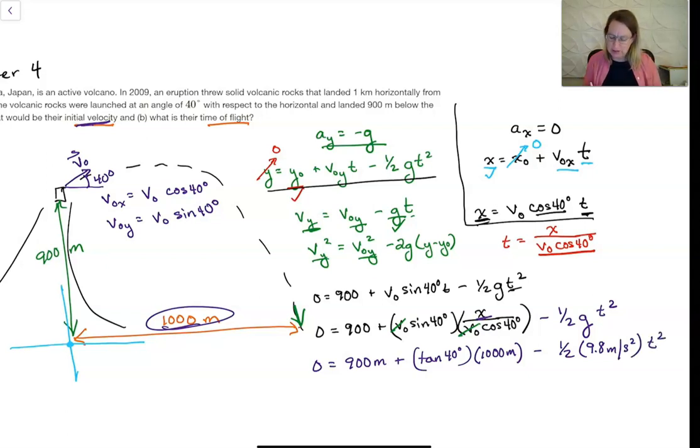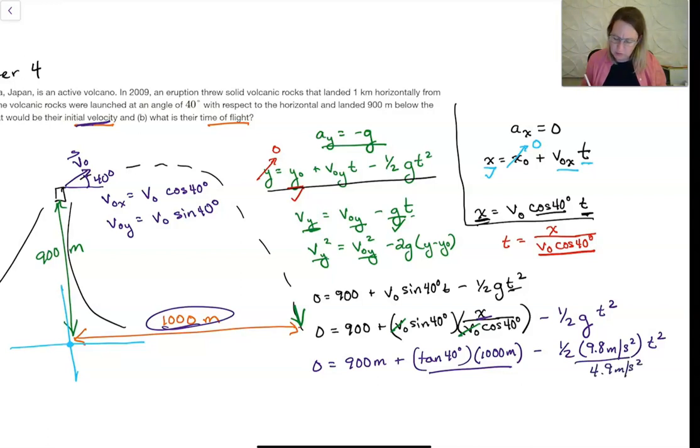And so now I just need to find out what each of these numbers are. And if I look at my notes, this is 1,000 tan of 40. That gives me, putting all these numbers in, this becomes 4.9 meters per second squared.